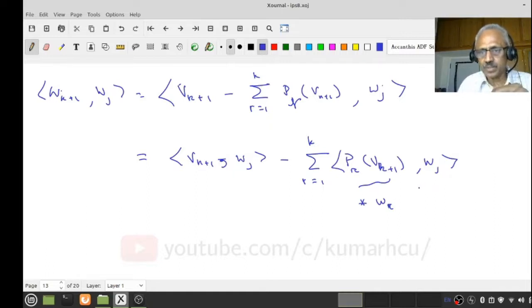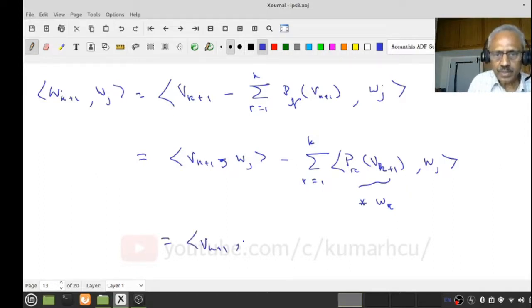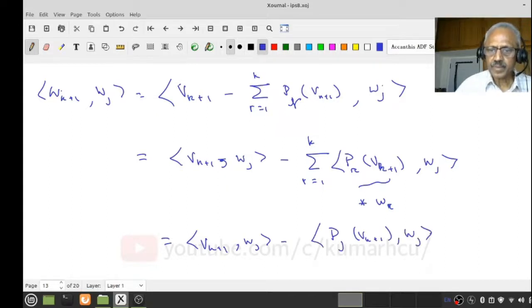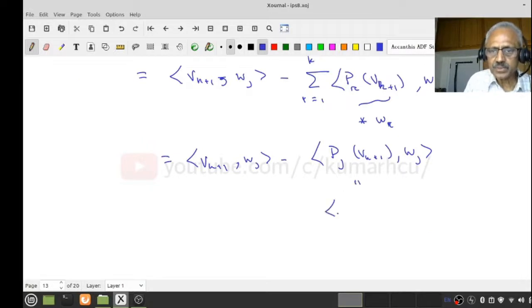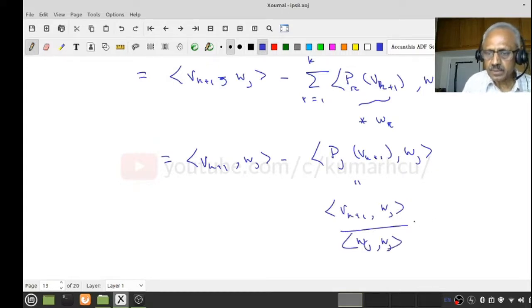Therefore, the only thing which is left is the r equal to j term. Therefore this is the inner product of vk plus 1 with wj minus the inner product of pj of vk plus 1 with wj. But what is this object? This object we know is the inner product of vk plus 1 and wj, divided by the inner product of wj and wj, times wj, and then its inner product with wj. So this cancels, therefore this is 0.